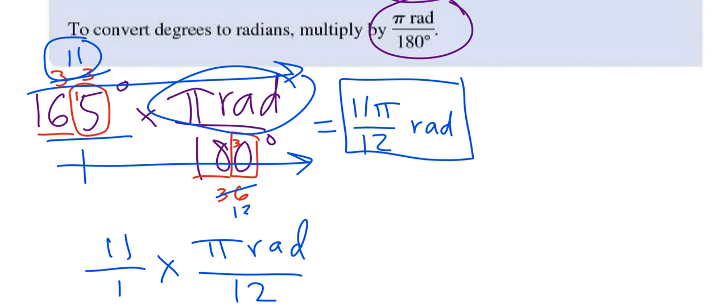And then so if you knew that 2 pi was 360, half of that would be 1 pi, which would be how many degrees? 180. How close is 11 pi over 12 to 1 pi? Would you say it's close or far?